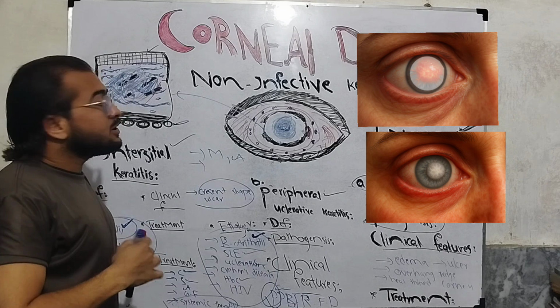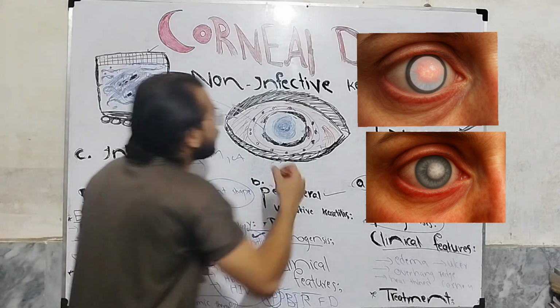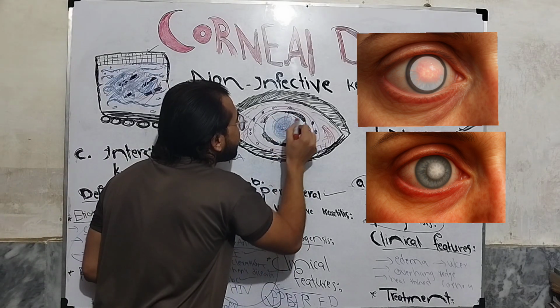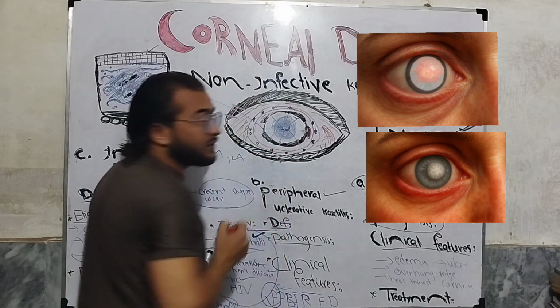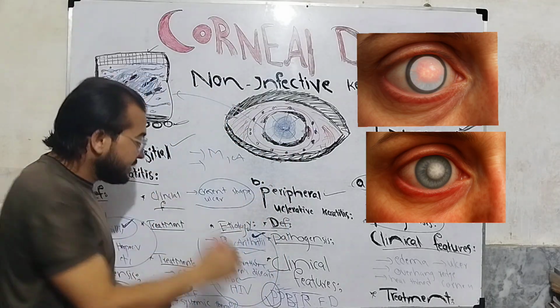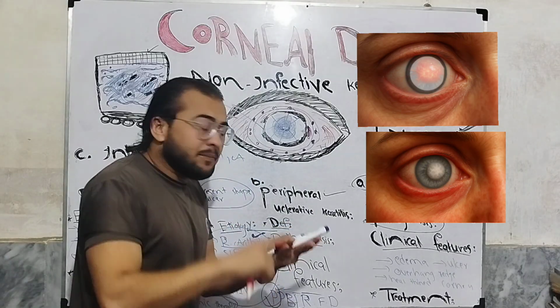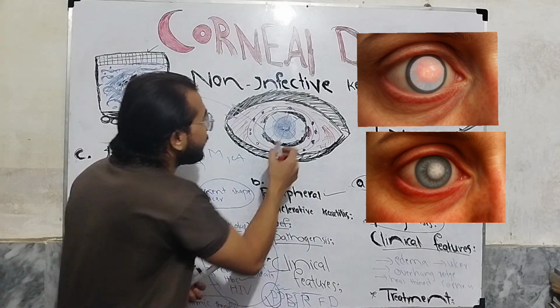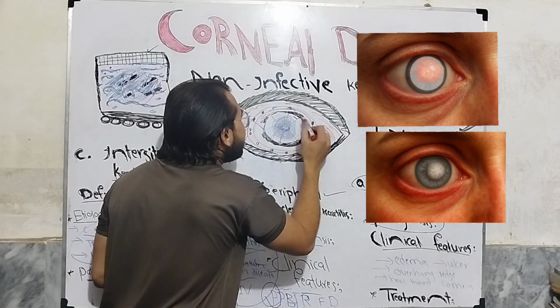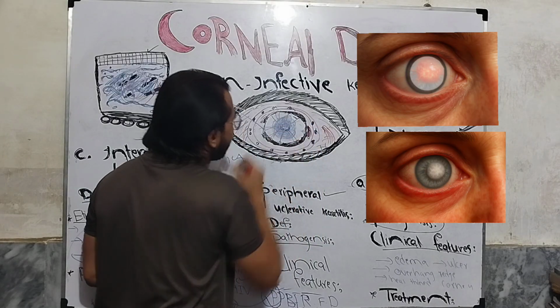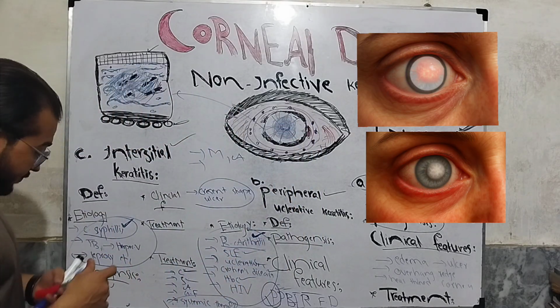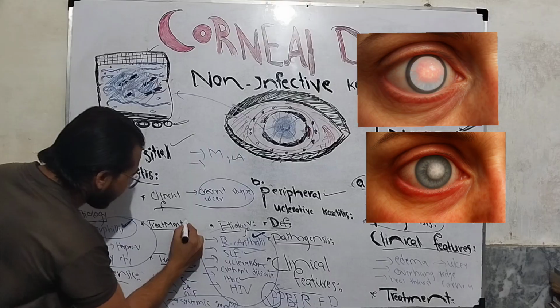And there is a specific type of vasculature present on this edema, which are called ghost vessels. So we will have central corneal edema, and we will have ghost vessels on the surface of this edematous cornea.